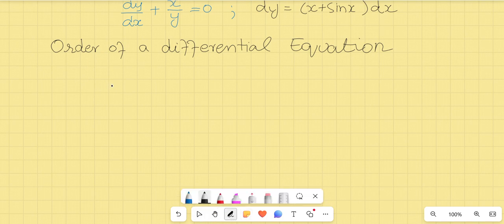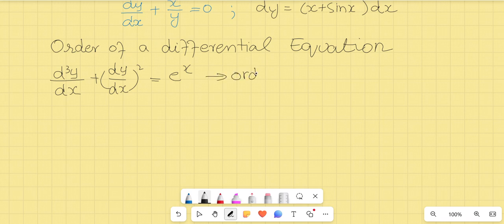Let's say we have d cubed y over dx cubed plus dy over dx squared equals e power x. In that case, you will say that the order is 3.